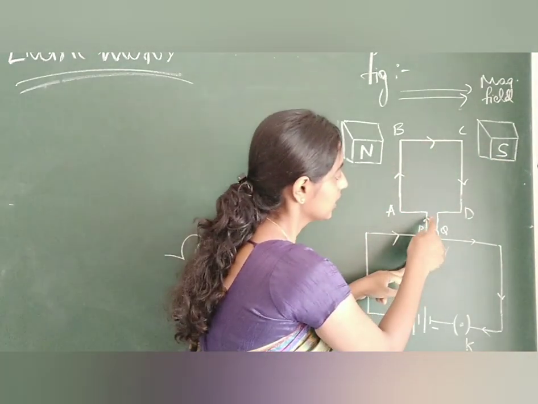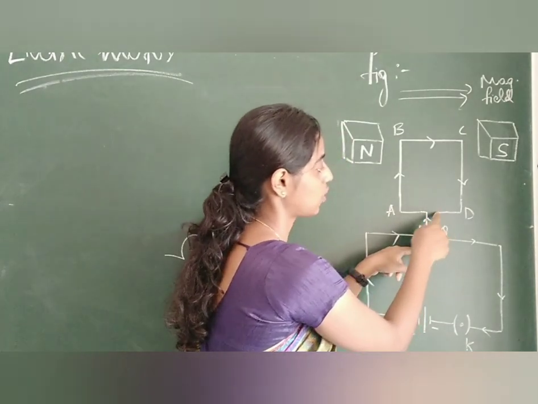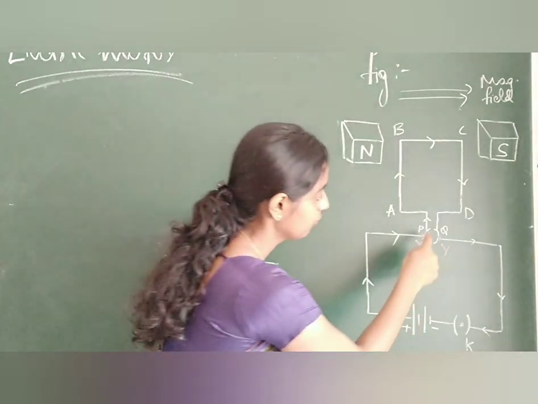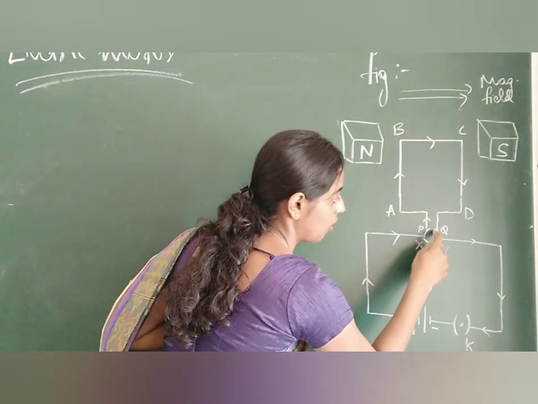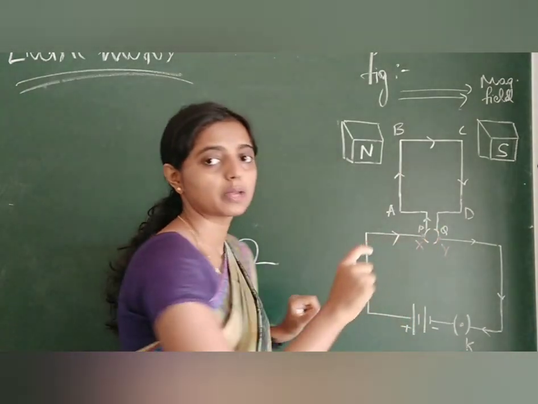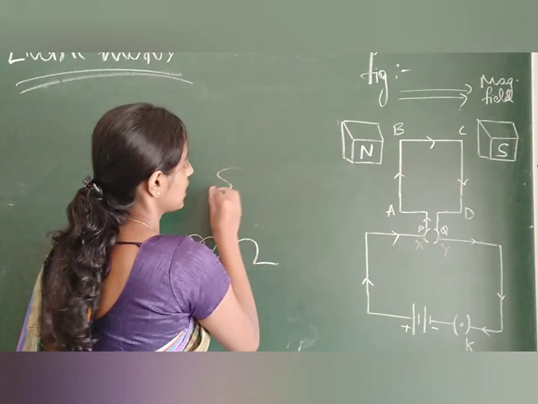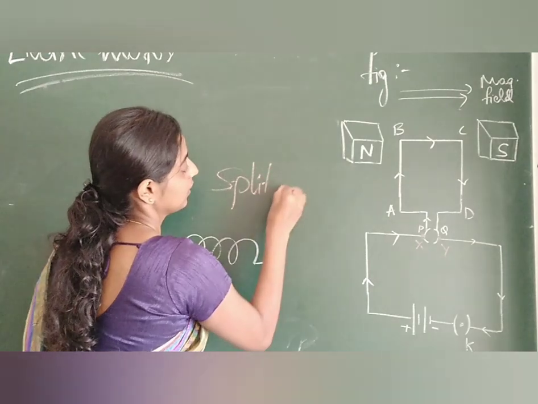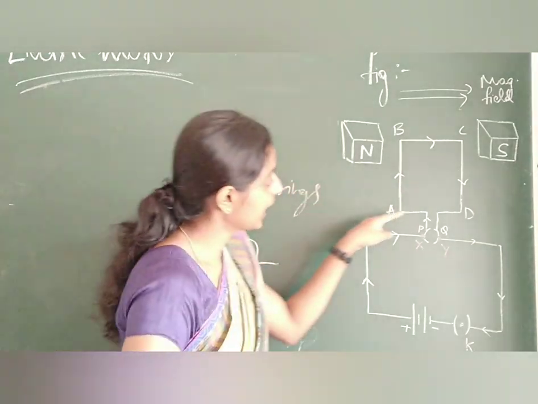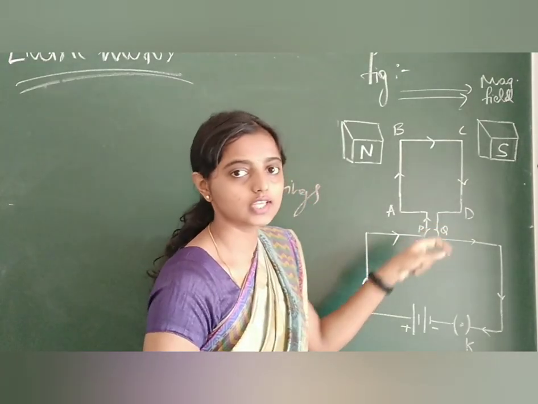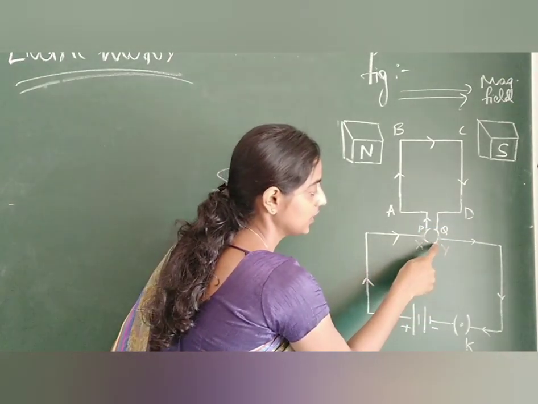Then the ends of this coil are connected to the split ring. Observe, we have a ring here; we can call it a semicircle, or else a split ring. The ends of the copper coil are connected to this split ring.